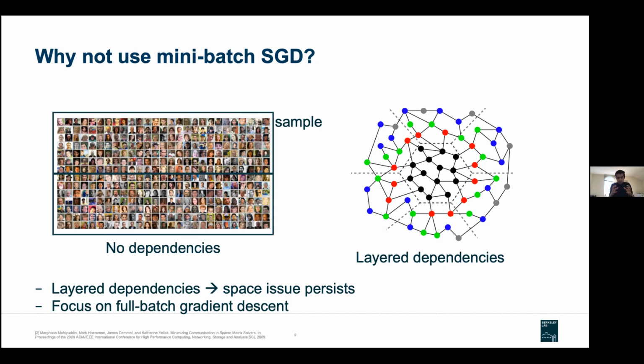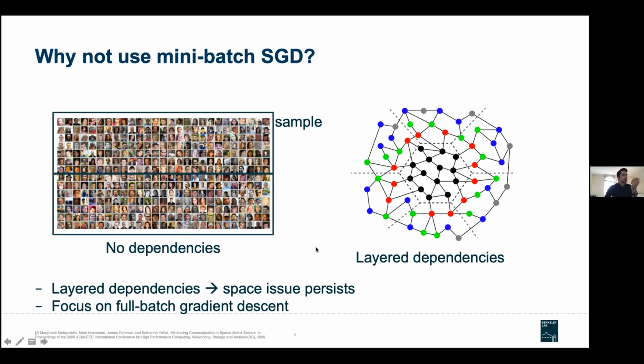Which means if we take a batch of vertices and we want to run training on this batch, we need to also store the neighbors for those vertices. And if we have a two-layer GNN, we need to store the neighbors of the neighbors. And so we don't actually save space here when we do this mini batching procedure. So in this work, we typically focus on full batch gradient descent just to circumvent this issue.